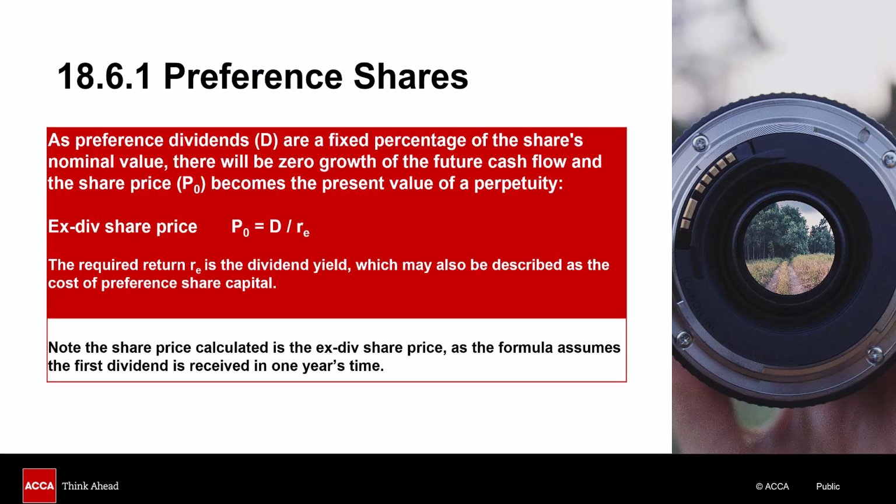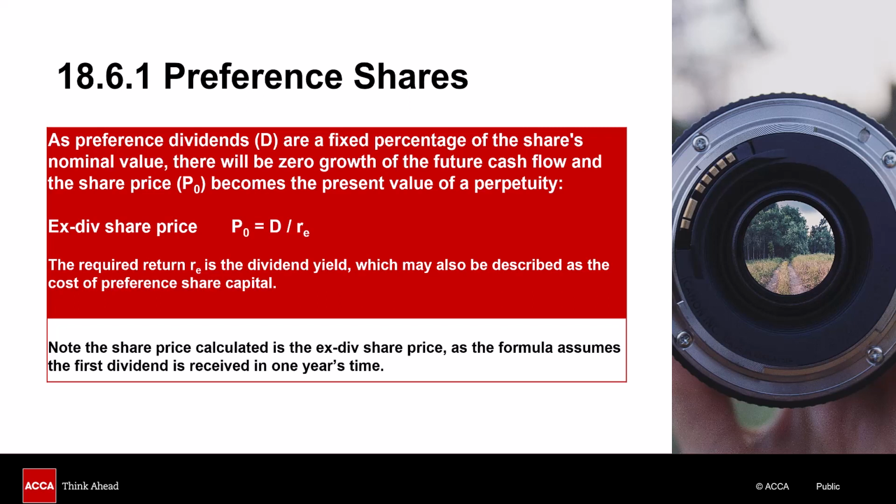We're now looking at preference shares as our first debt instrument, and that is in 6.1 of chapter 18. Now, as preference share dividends are a fixed percentage of the share's nominal value, there will be 0 growth of the future cash flow, and the share price becomes the present value of a perpetuity because they're irredeemable.